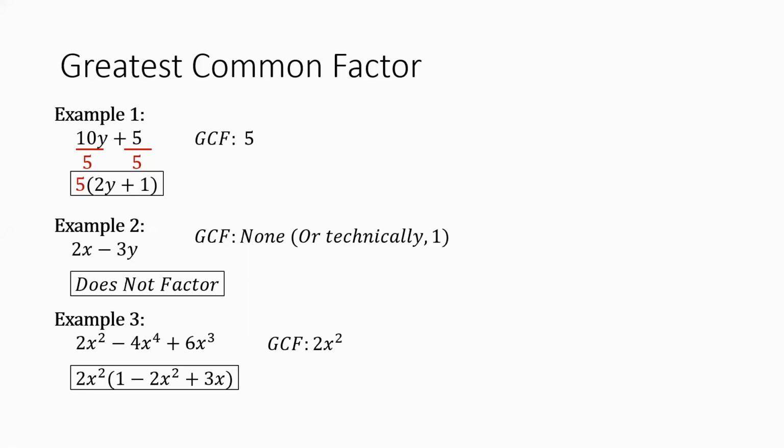Then, same process as in example 1, I'm dividing each term by 2x squared, and I put a 2x squared in front of my parentheses. So 2x squared divided by 2x squared is 1. Negative 4x squared divided by 2x squared is negative 2x squared. It's very important to keep the sign. And then 6x cubed divided by 2x squared is 3x.